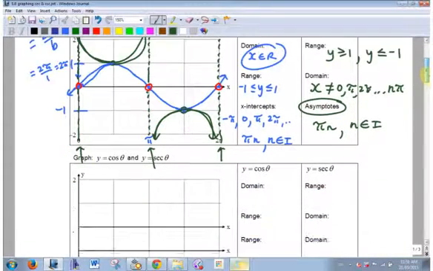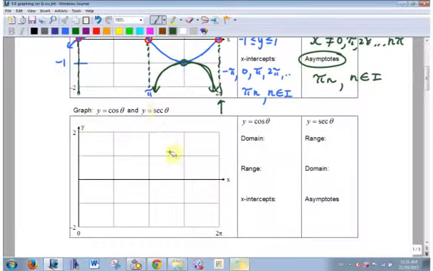Okay? So, cosine. You know what that looks like? What's the period here? 2 pi. Oh, look. Starts at 1, goes all the way down, ends up at 1. Okay, my amplitude here is just 1, so it goes from negative 1 to 1.